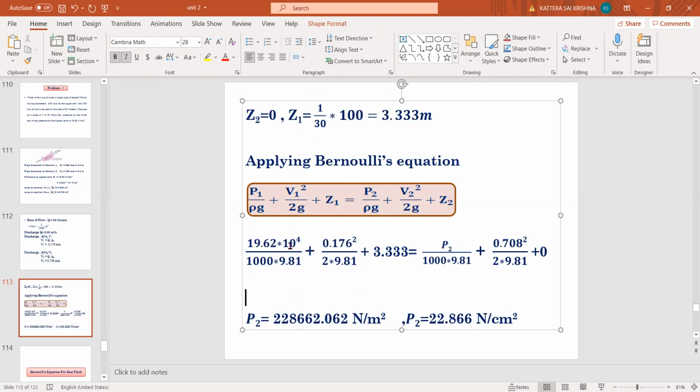Can you tell this value? Anybody who has solved this separately can tell.